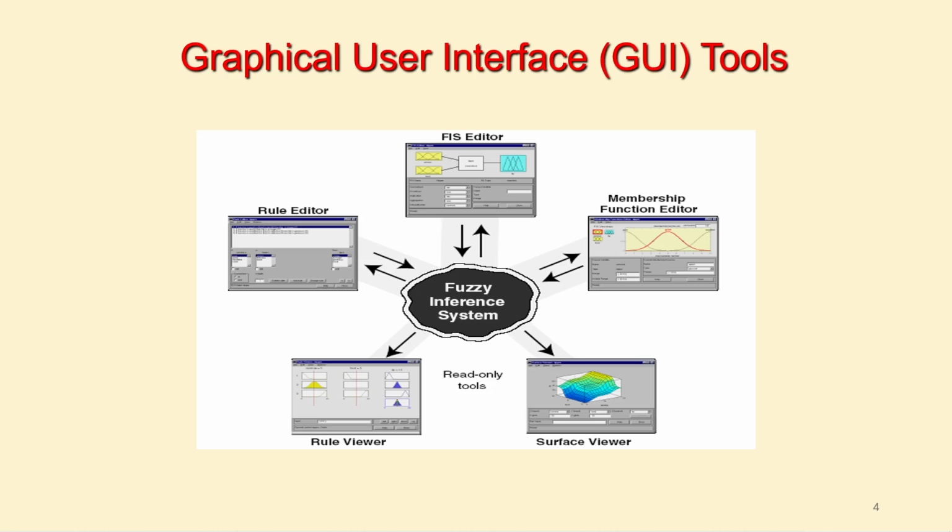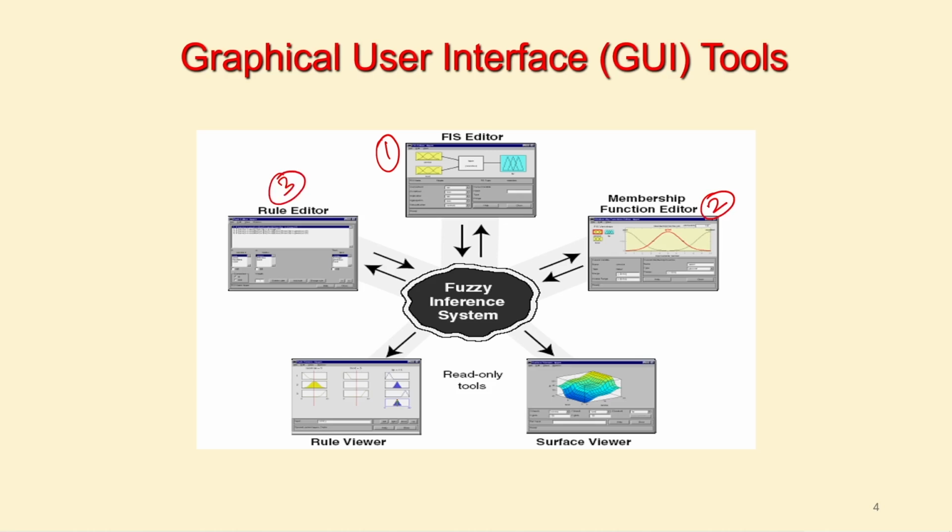Look at the picture. This is the first window that we are going to interact with, and this window is the FIS editor, the fuzzy inference system editor. The second one is the membership function editor, where you can design the membership functions. The third is the rule editor, where you can enter the rules.